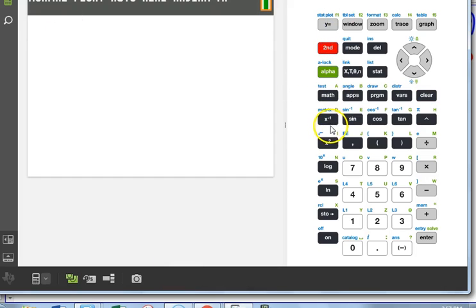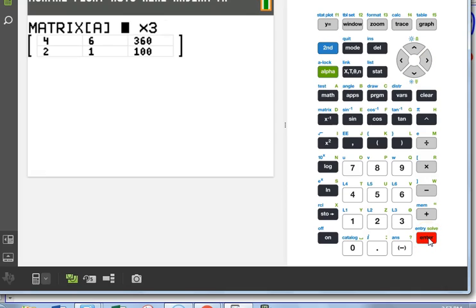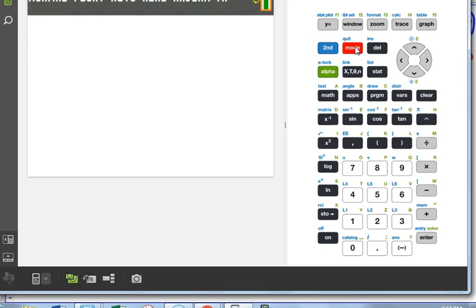Okay, second matrix. Over to edit. What size is it? 2 by 3. Do I have it in right? Okay. 4, 6, 360, 2, 1, 100. Then where do we go to find the second part? Yeah, you have to quit. Whoever said you don't have to quit yesterday.